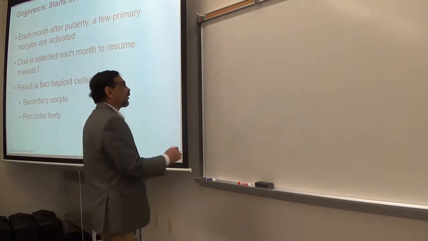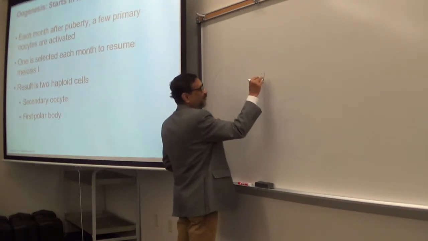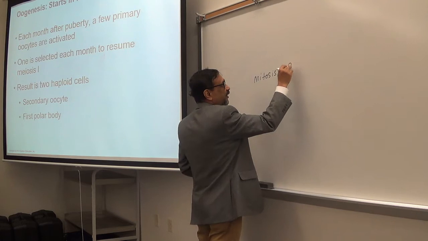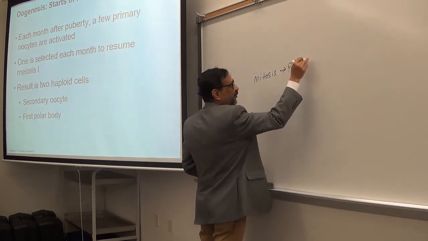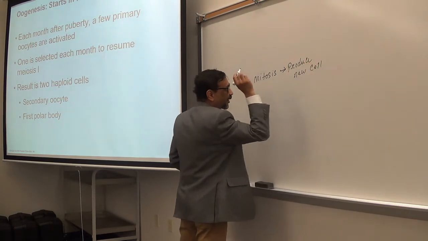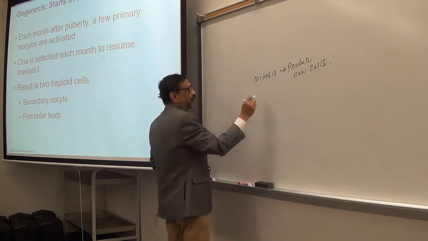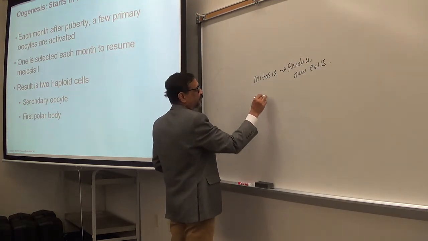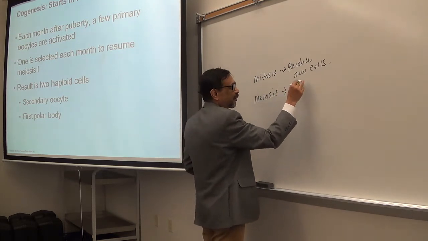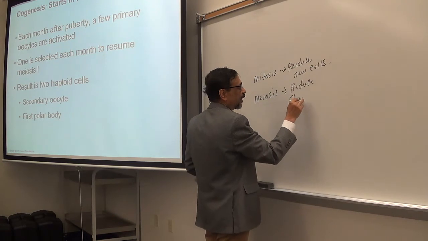So, in oogenesis also, first mitosis occurs to produce new cells from the stem cell, and then meiosis to reduce the chromosome to half.